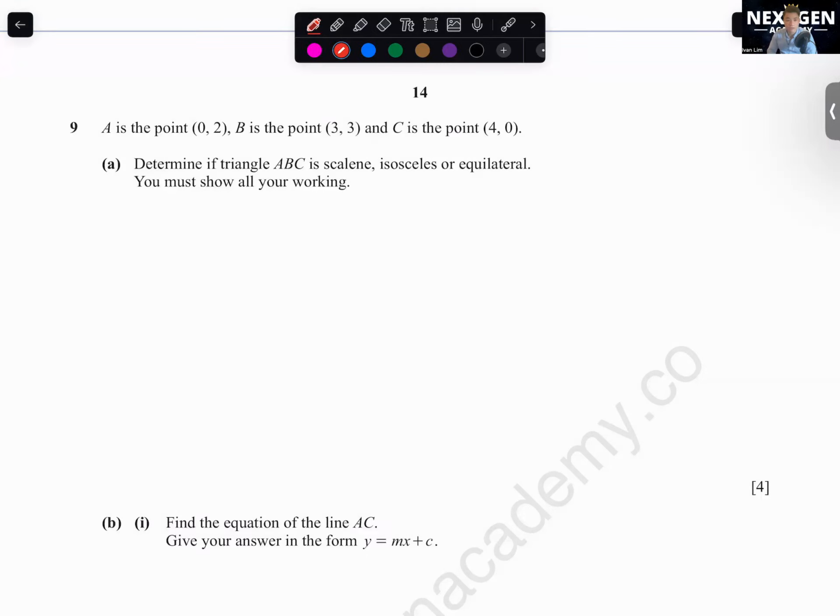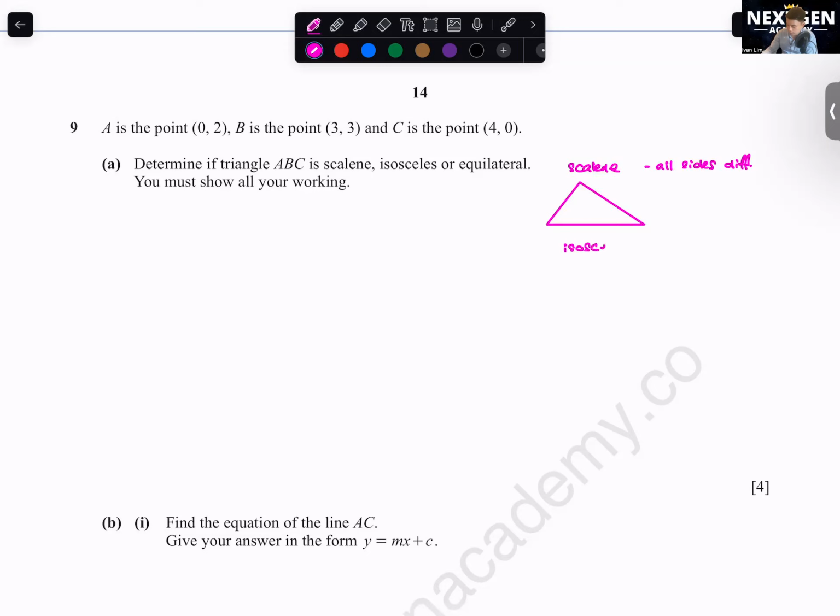Do you all know what's the meaning of that first? Let's define it first so that all of us are on the same page. Scalene triangle, number 1, scalene means all sides different. Different means different length.